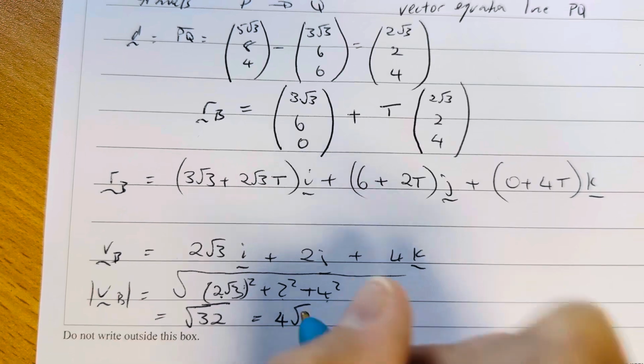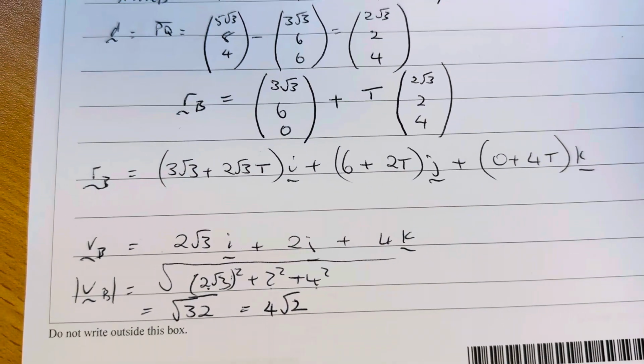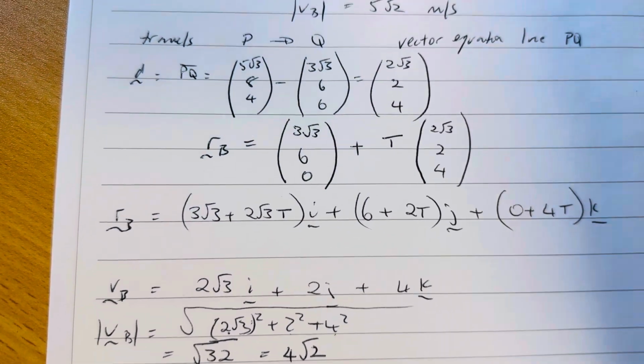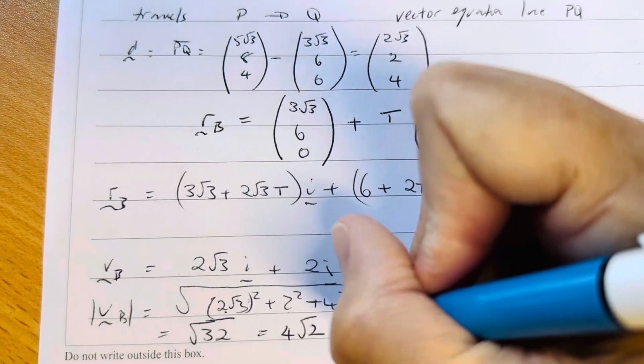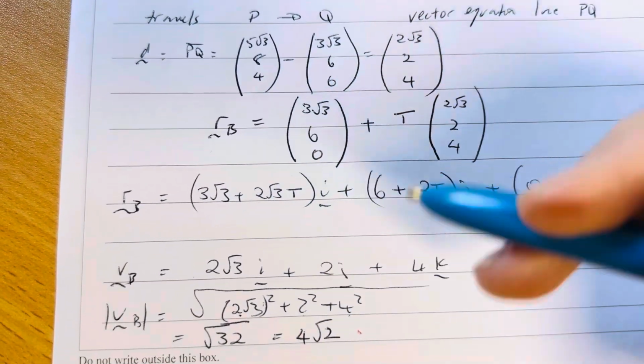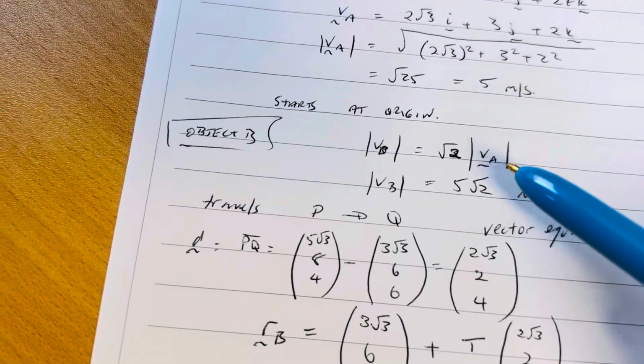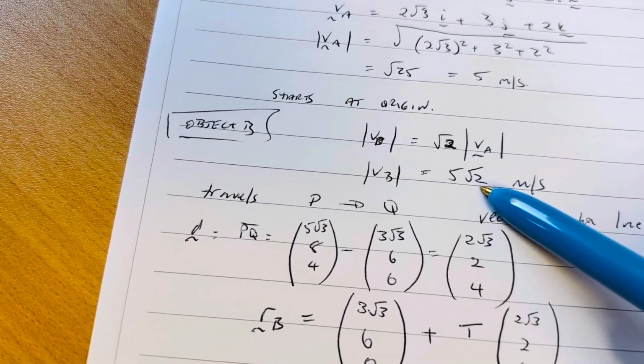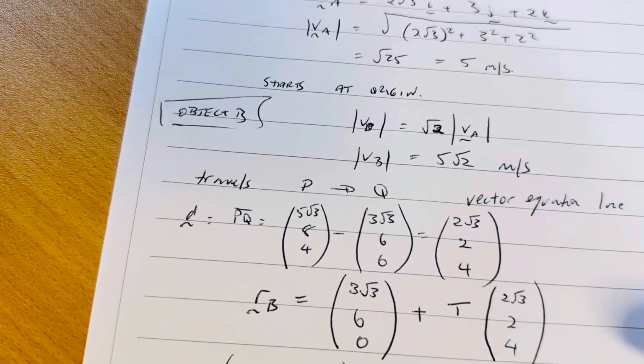This is where I have an interesting time with this question. From what we're given, it's travelling at 4 root 2, but we're told it's travelling at 5 root 2, so it's actually travelling faster.